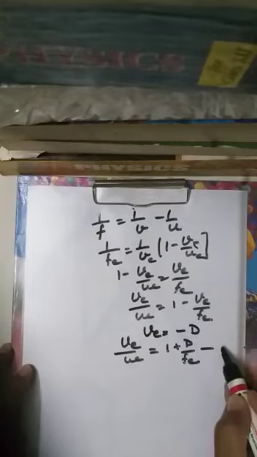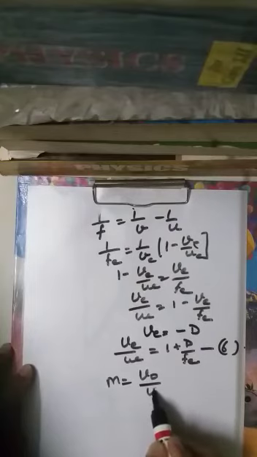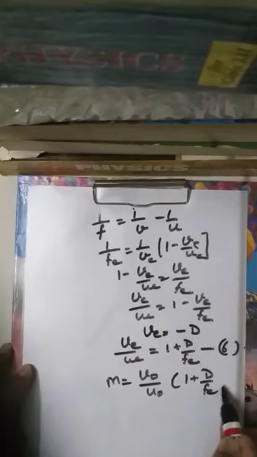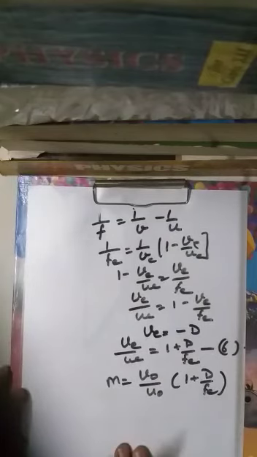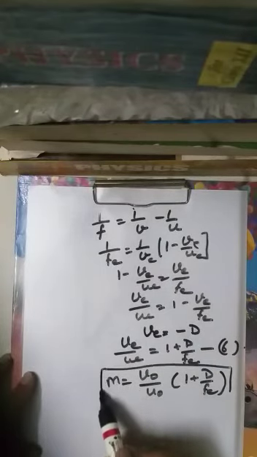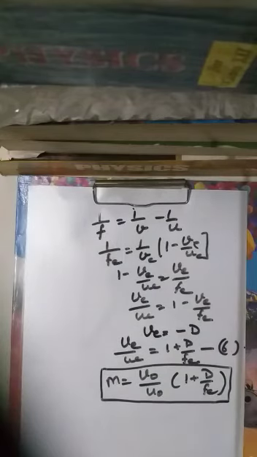We put this value in equation 5 and we get the relation m is equal to vO upon uO into (1 plus D upon fE). Here uO is negative, so the magnification comes negative. This shows the image formed is virtual and inverted.